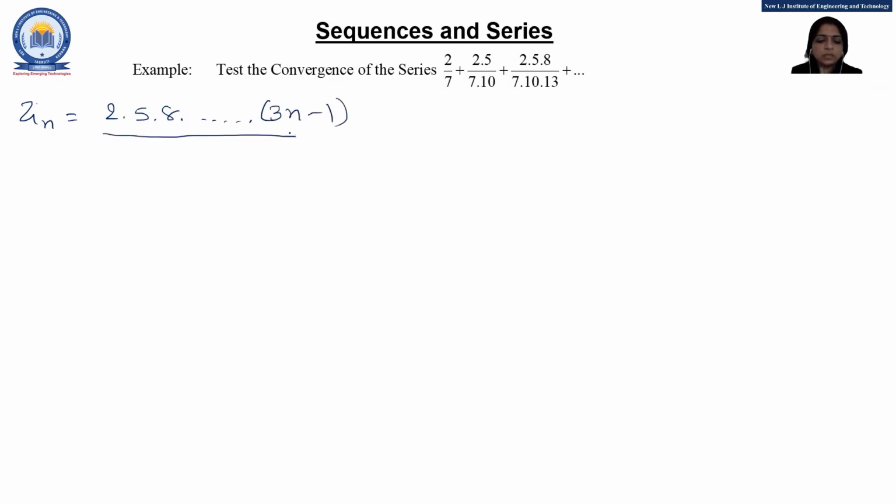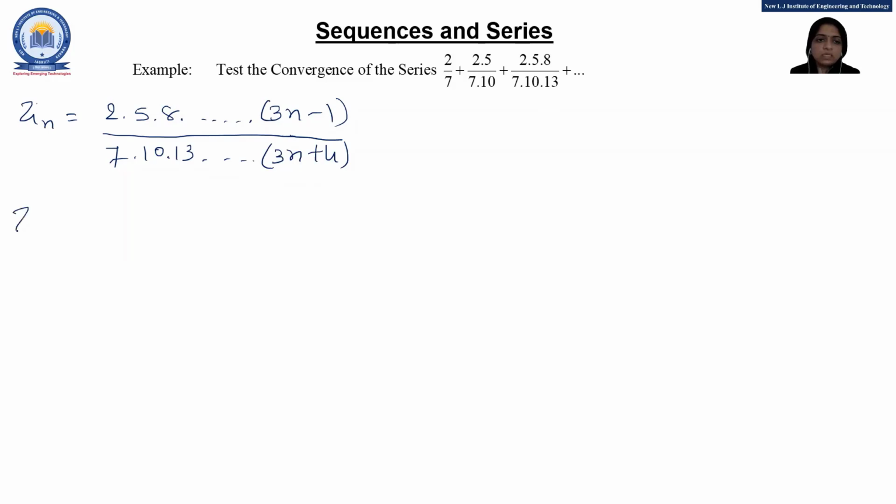And in the denominator, 7, 10, 13 up to the nth term, that is 3n plus 4. Okay, see, you can put 1, 2, 3 and you can check. Now, this is our nth term.